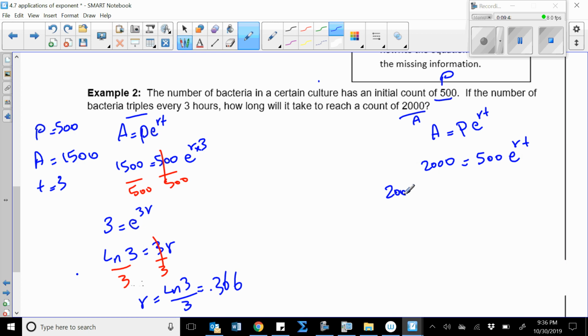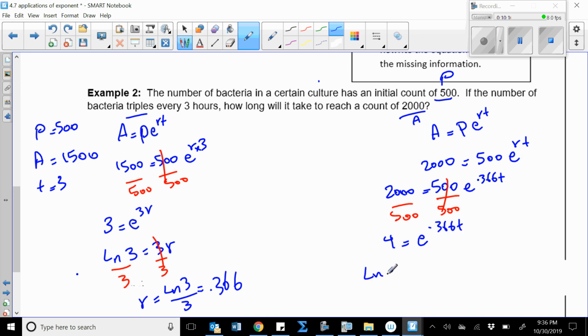So 2000 is equal to 500 e to the power of 0.366 times t. Again, divide by 500. So 4 will be e to the power of 0.366t.